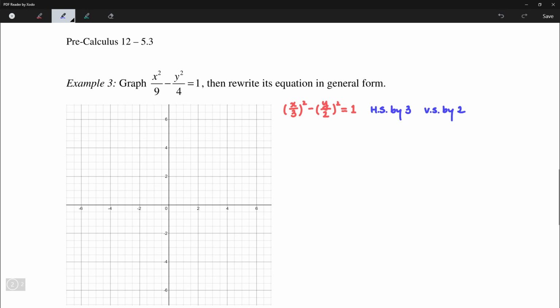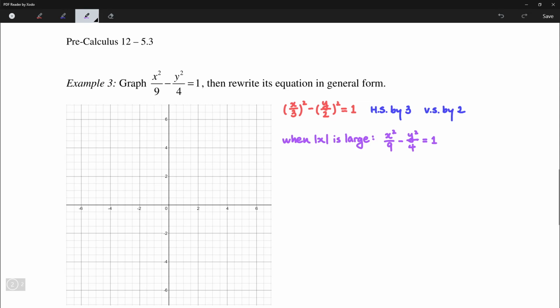So one of the defining characteristics of the hyperbola are its asymptotes. So let's find those for this equation here. So we're going to use what we've used before, and that is determine what happens when the absolute value of x is large. Okay, so then we have x squared over 9 minus y squared over 4 is equal to 1.